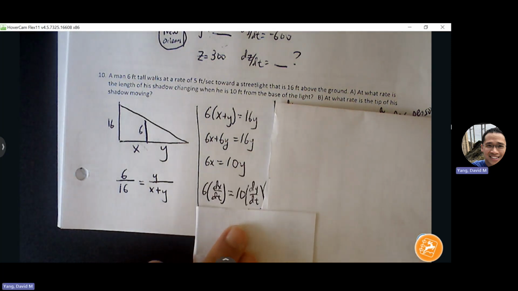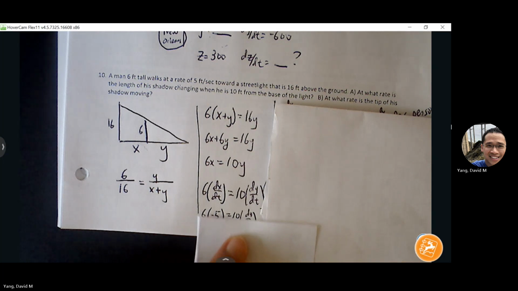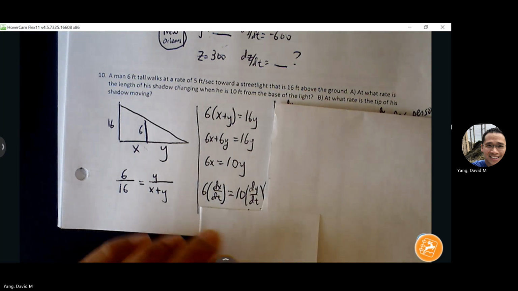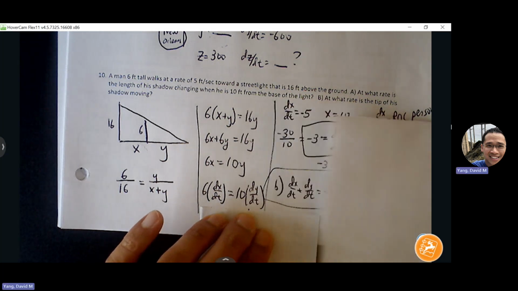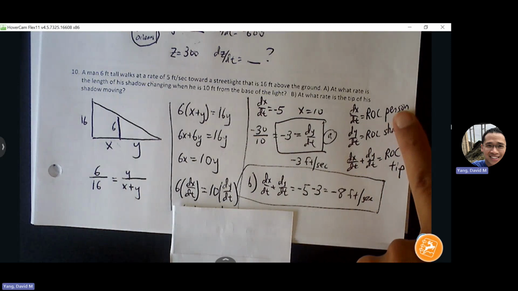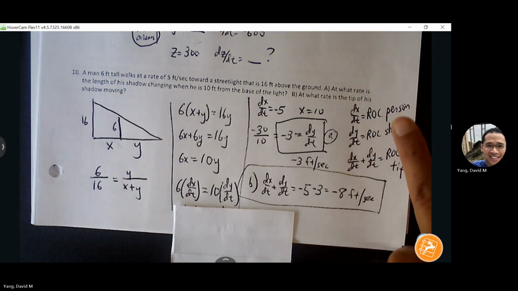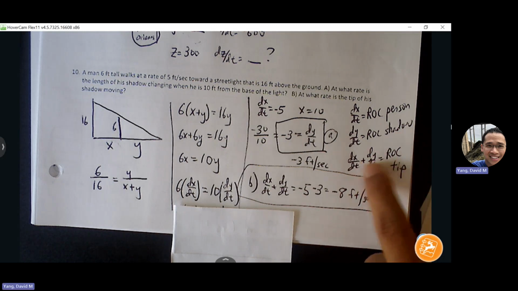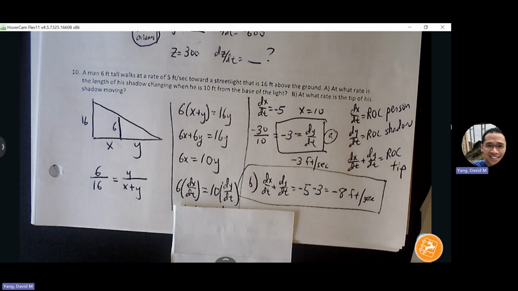Find the derivative. And we have to understand what each of these represent. dx/dt is the rate of change of the person walking. dy/dt is the rate of change of the shadow length. And the two rates added together is the rate of change of the tip of the shadow.